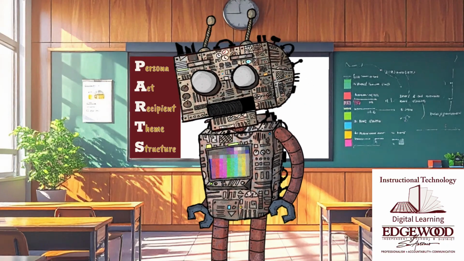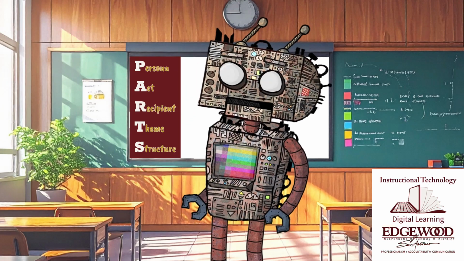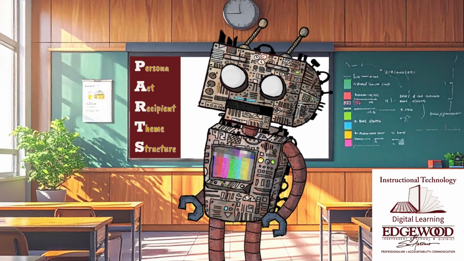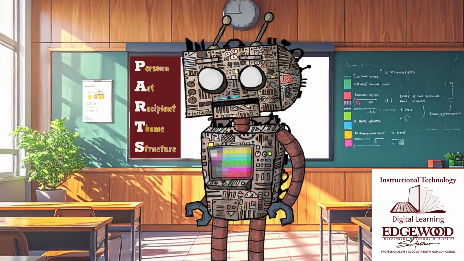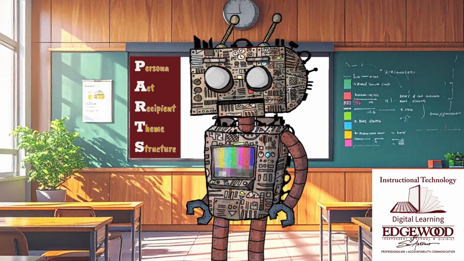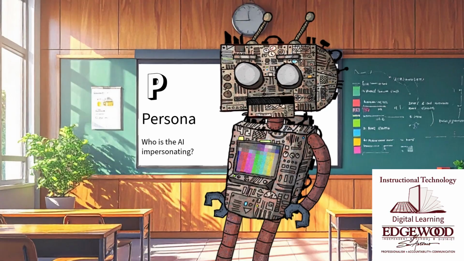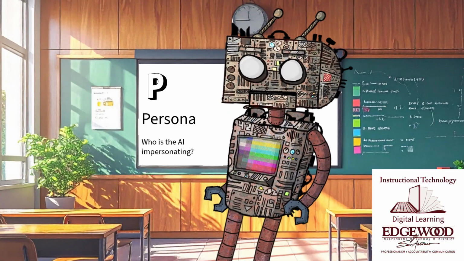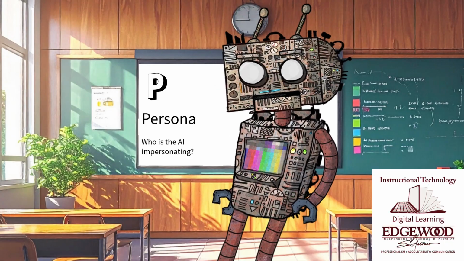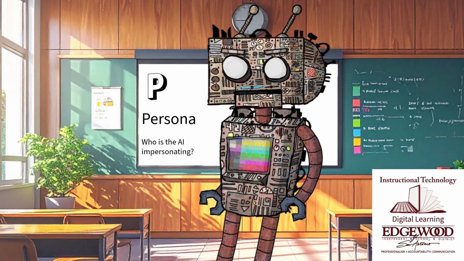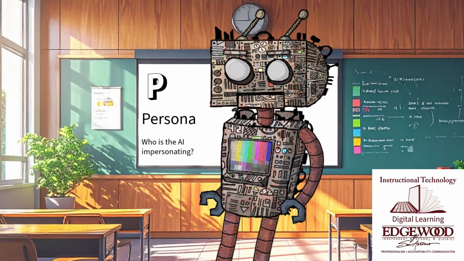Parts stands for persona, act, recipient, theme, and structure. If you use these 5 elements, you go from being an AI novice to an AI power user. Let's break it down. P means persona. Give the AI a job or a character. Don't just let it be a generic robot. Tell it who it is supposed to be.